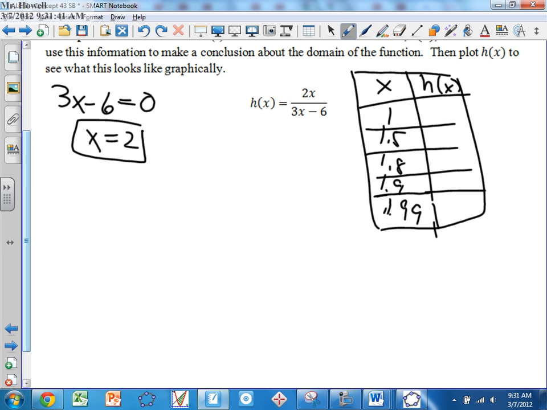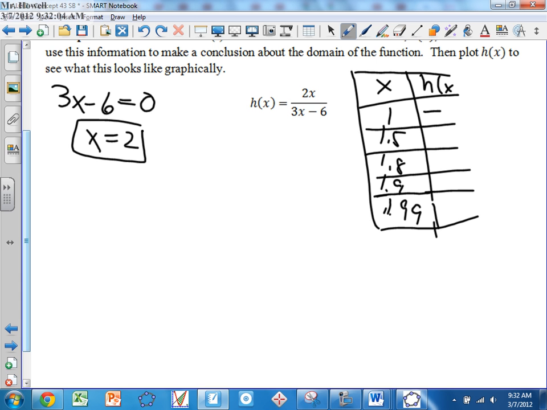Guys, when you type in a rational function, I told you this once already, you need parentheses around your bottom and your top. Derek, change your y equals, go back to your table, and then tell me the new numbers. I got negative 0.667. Good.